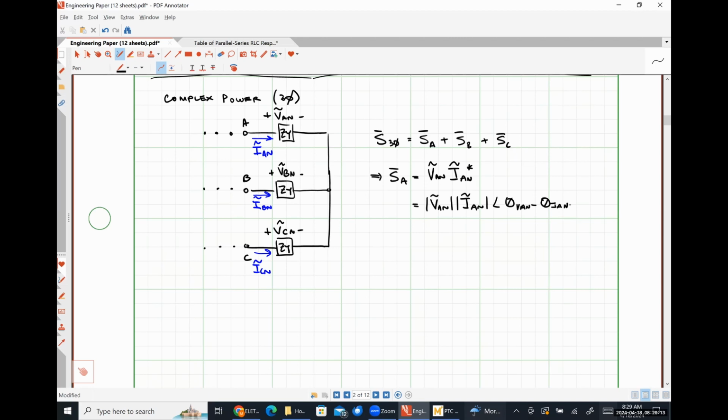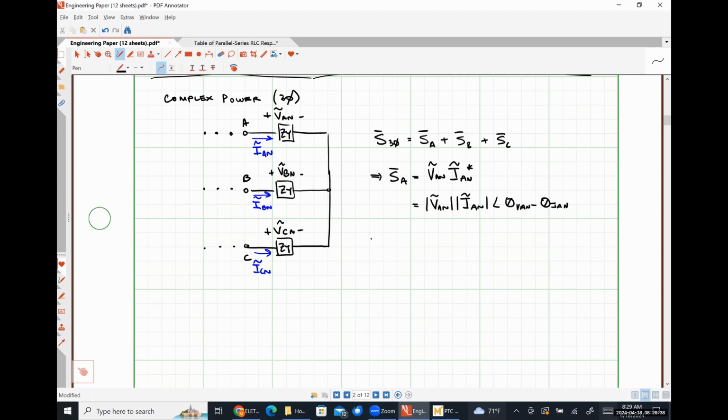So this is just complex power in polar form, right? So here's my magnitude. That would be my apparent power. We'll get to that in a minute. This would be my power factor angle. Magnitude is just a real number. So the conjugate of a real number would be the real number itself anyway. So yeah.